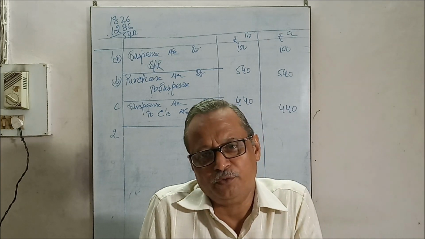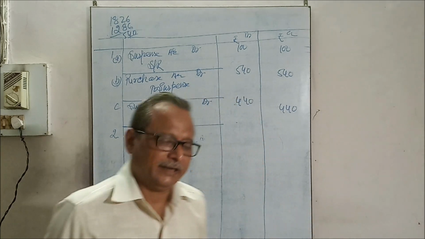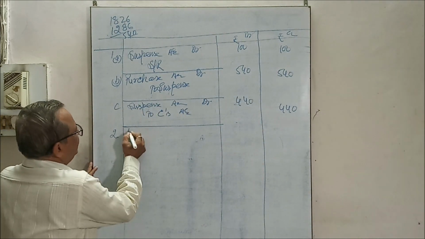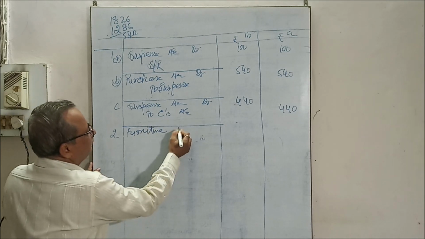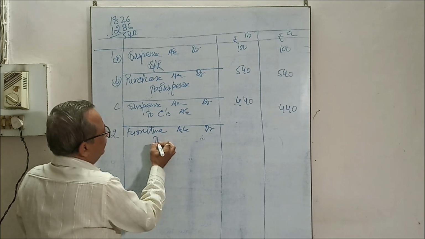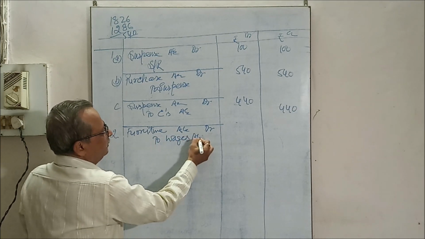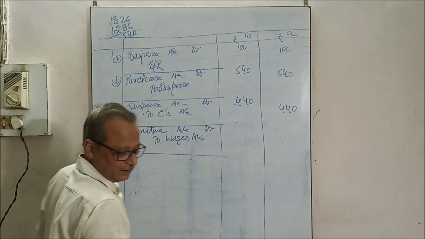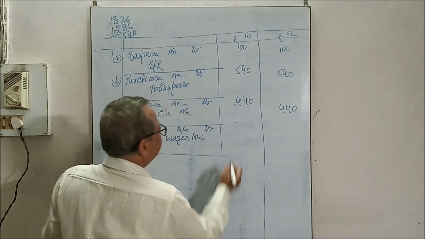The furniture account should be debited, but in place of furniture, wages was debited. So correct this entry, a double-sided error. Furniture account debit, because furniture should be debited and wages should not be debited. To wages account credit, 425.